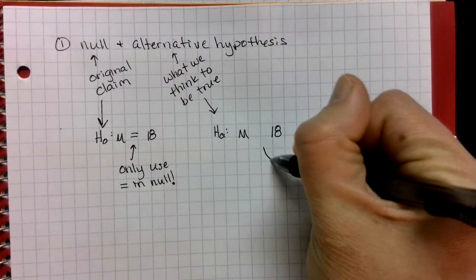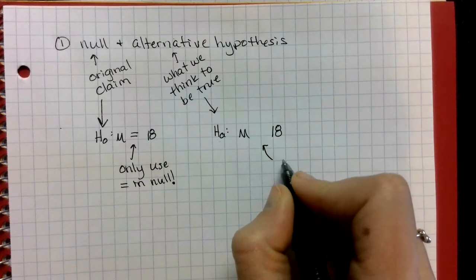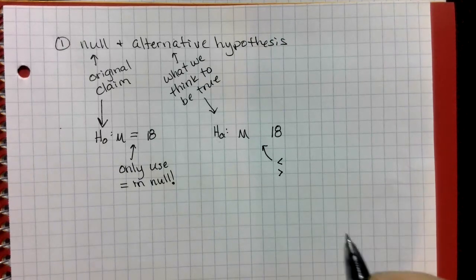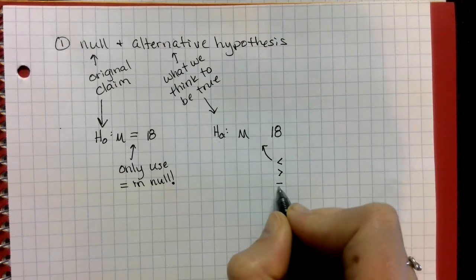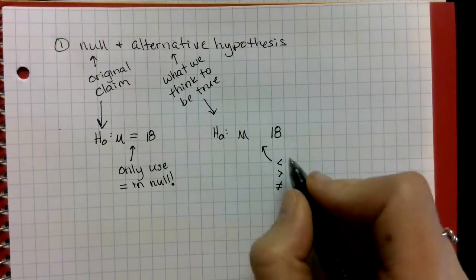Now, what we have here is a choice. We can either say that we think it is less than 18, we think it's greater than 18, or we don't know what it is, but we don't think it's 18. So less than, greater than, or not equal to, those are the only options that you have for an alternative hypothesis. And it really matters because we end up with some different types of testing.